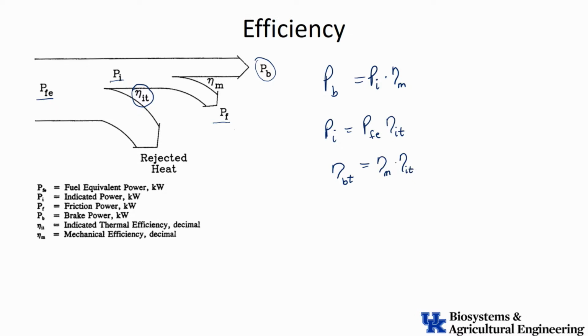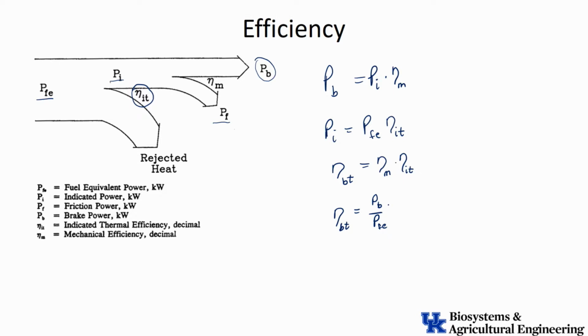So it's all of those together. And this is the one that we're usually interested in, that we really want to look at. The brake thermal efficiency is the brake power divided by the fuel equivalent power. And that's what we look at a lot for engine performance.